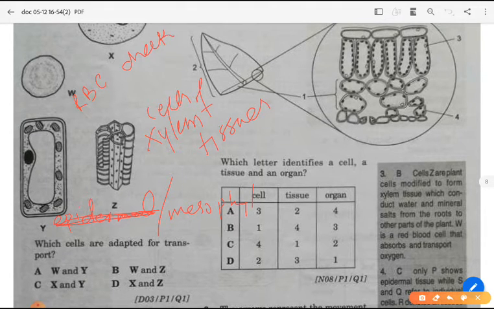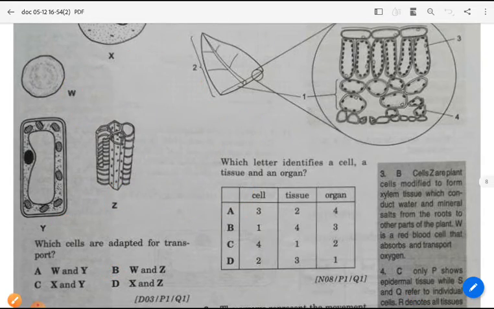Now among these 4 cells, which cells are adapted for transport? Yes, cell W and cell Z, which is a cell of the xylem tissue, are adapted for the function of transportation. So among these options, option B, which is W and Z, is the correct option because cells W and Z are adapted for transportation.